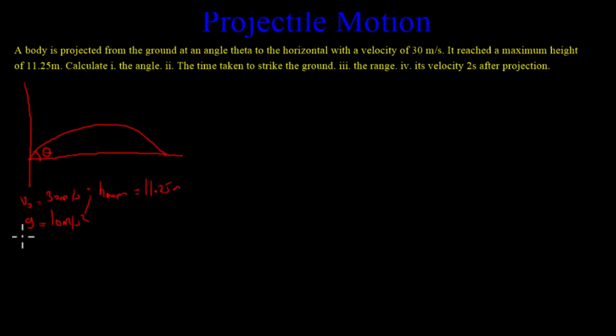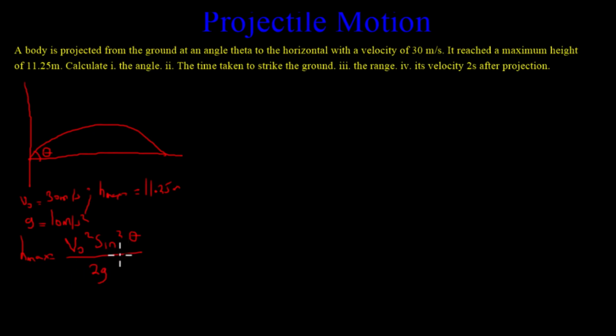Remember, we said H max is given as V naught squared sine squared theta all over 2g. So we know what V naught is, we know what g is, we know what H max is. We can simply make theta the subject of the formula, and then from there we can get the value of our angle theta.